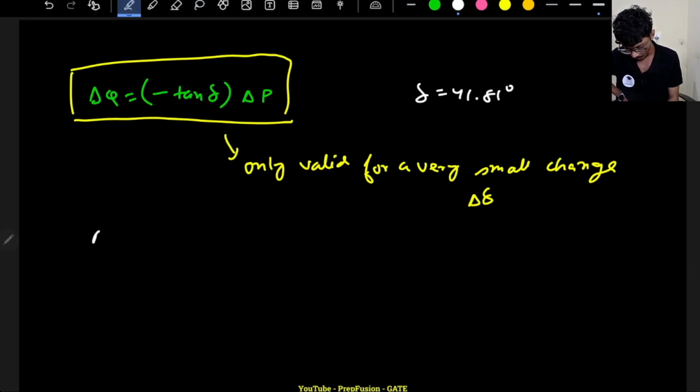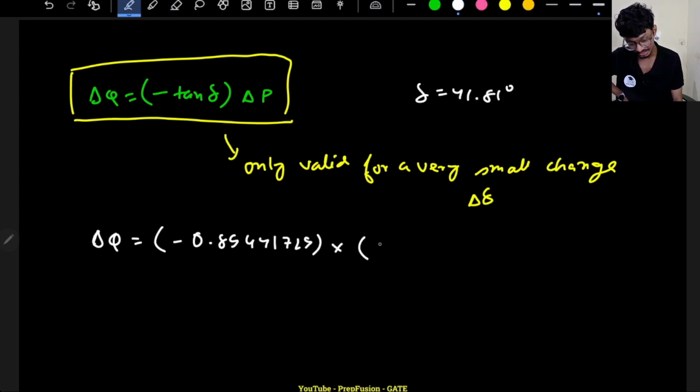So I will put it here. So what will be my delta Q? Delta Q will be minus of tan of 41.81. So that is minus 0.8944729 into delta P. What is the delta P?